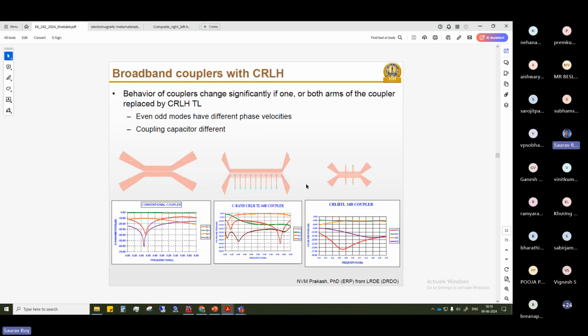These are the uses, like a coupler and a normal 3 dB power divider. All of this can be implemented like a simple right-handed transmission line, except instead of that you can use this to design the other components, the normal microstrip circuits. But if you remember, this will not be that simple. The designing will be complex. Obviously, to gain something you have to put in some effort, right?